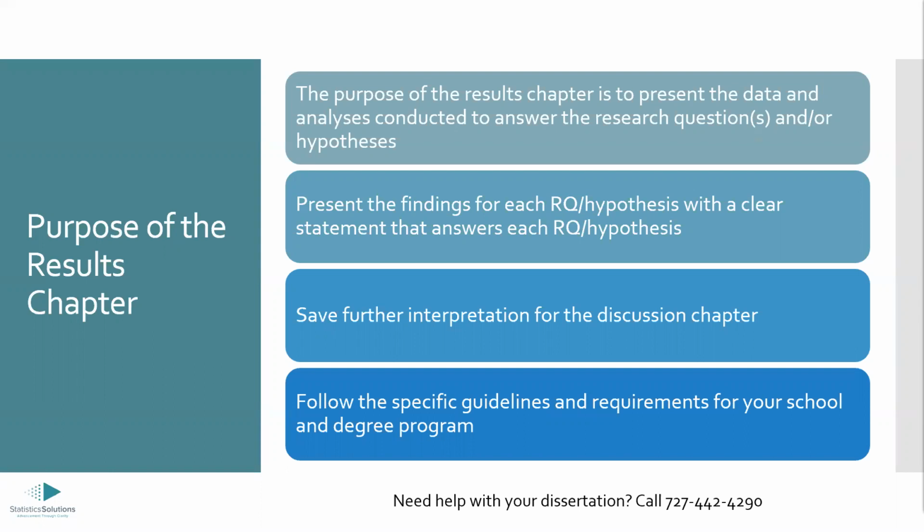There may be different sections that your school requires. Your school may require the sections in a different order. They may require slightly different content for each section. It can vary depending on the school and degree program that you are in. So you always want to make sure that you follow the specific guidelines that are required for your program.